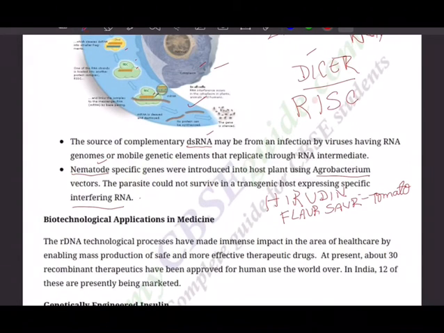Normally, the normal tomato, which is obtained from country varieties, gets spoiled within no time. Even when we keep it in refrigerator, still they get spoiled. But this flavor saver tomato, that polygalacturonase enzyme will be made non-available.